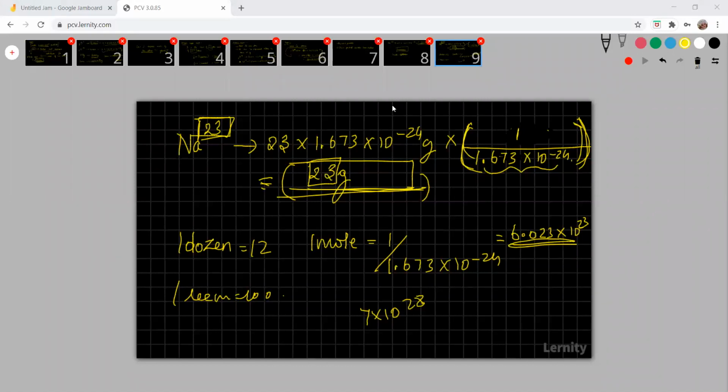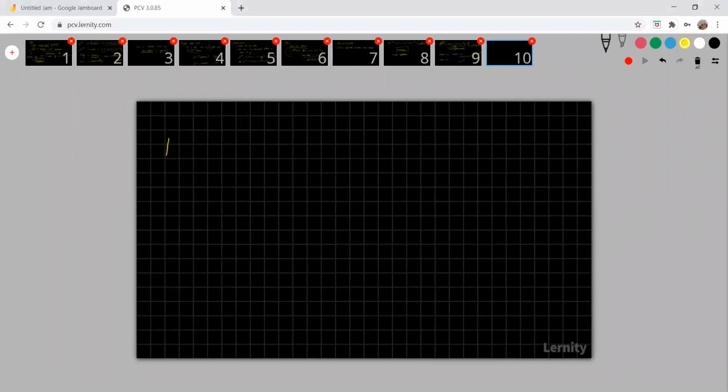Now again I'm explaining for some other atom. For example, let me take magnesium, whose atomic number is 12 and mass number is 24. Now the atomic mass of magnesium is 24 AMU, correct? The mass of magnesium in grams is 24 into 1.673 into 10 power minus 24 grams.